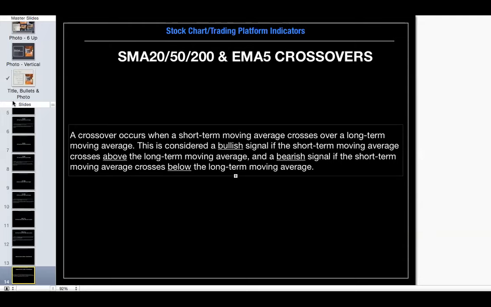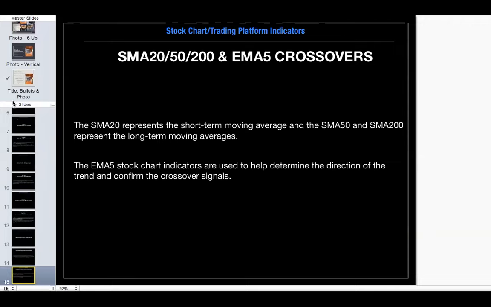This is considered a bullish signal if the short-term moving average crosses above the long-term moving average. On the flip side, it's a bearish signal if the short-term moving average crosses below the long-term moving average, right?